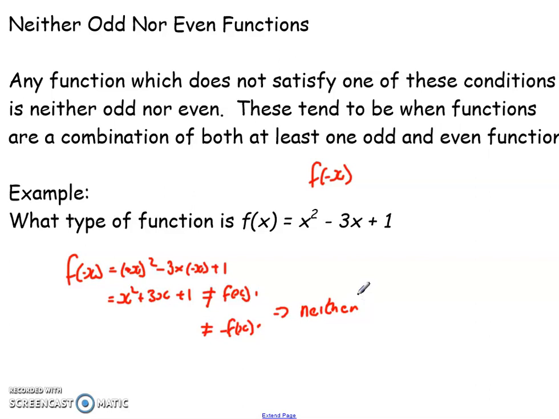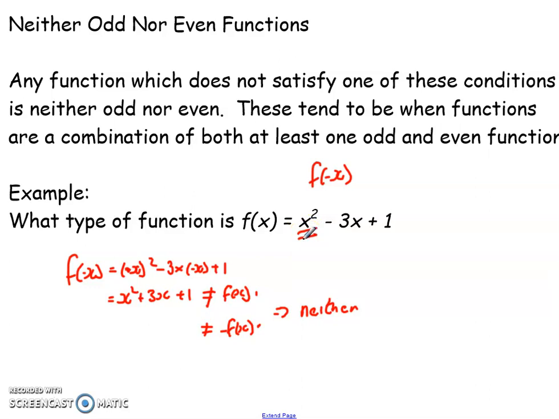Now, there's a little trick to this, to be honest with you, which you can do and look at the original function and tell whether it's neither even nor odd. If we were to look at this function and split it up on each part on its own, the x squared here, that would be an even function. If I did f of negative x and it was just x squared, I'd get negative x squared, which is x squared. So that would be f of negative x equals f of x.